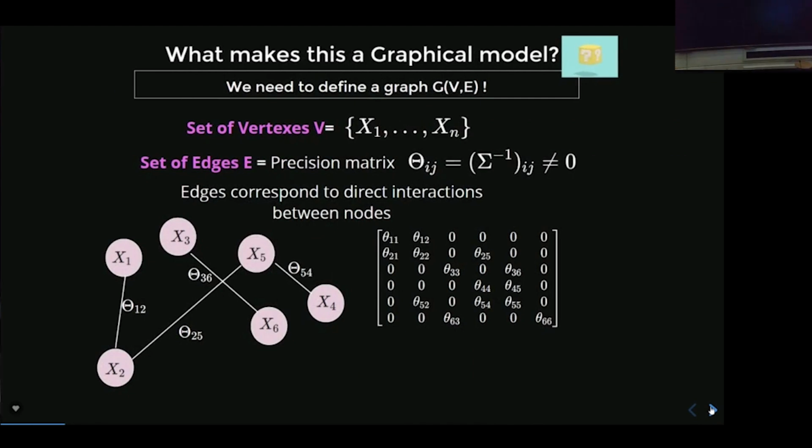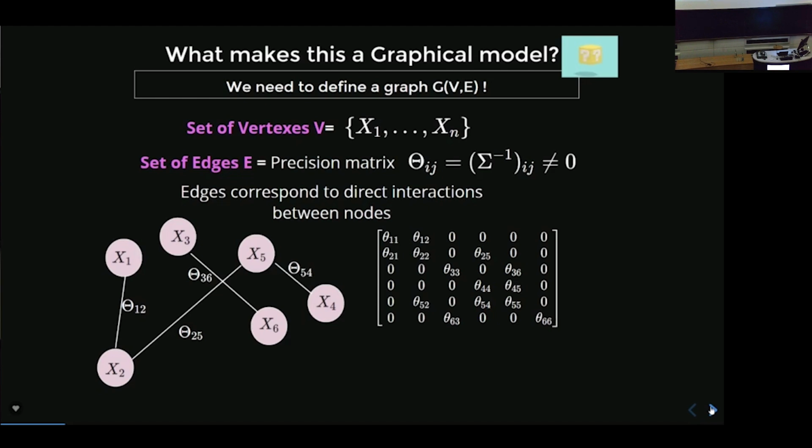A graphical model can be associated to any distribution, and here the underlying distribution is a multivariate Gaussian, but the word graph is associated to the structure of a graph that needs to be defined. In our case, the vertices of the graph are the random variables, and the connections between these random variables are the edges.